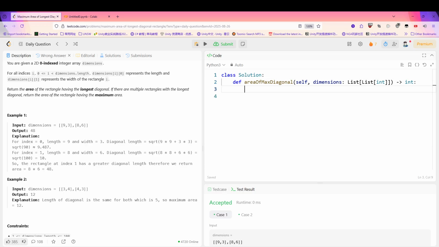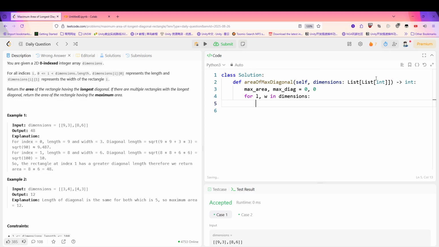So let's check out this one. We're going to need the max area and max diagonal, both 0 and 0. Then for length and width in dimensions.